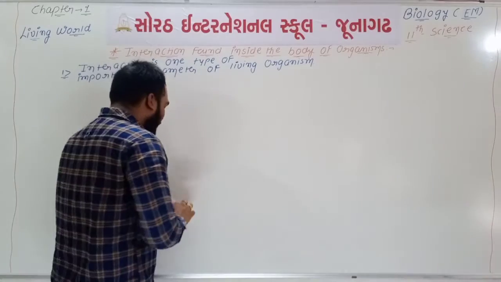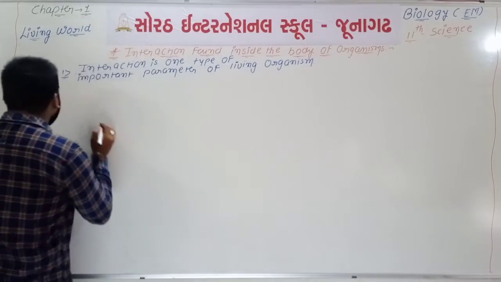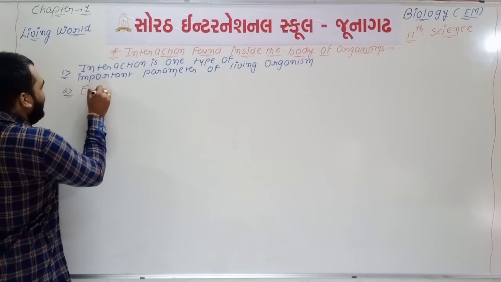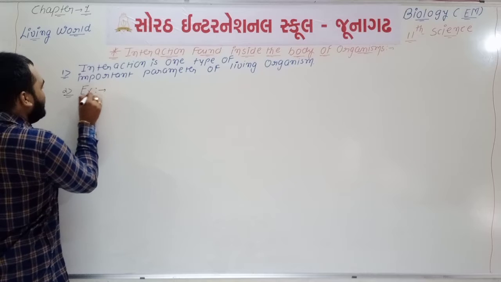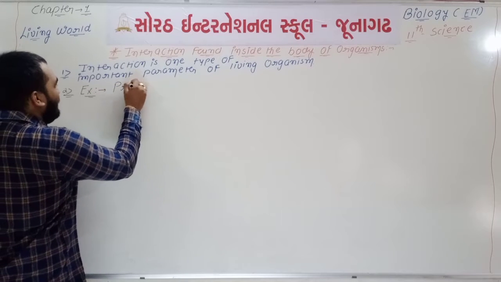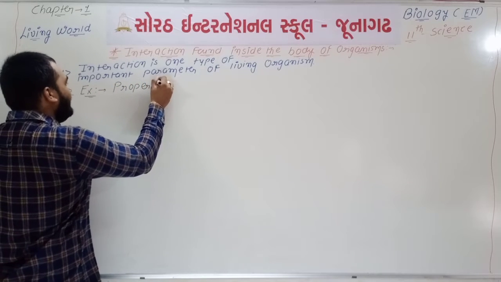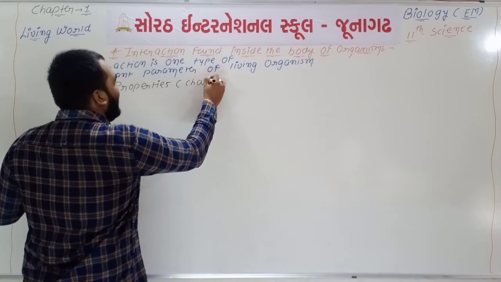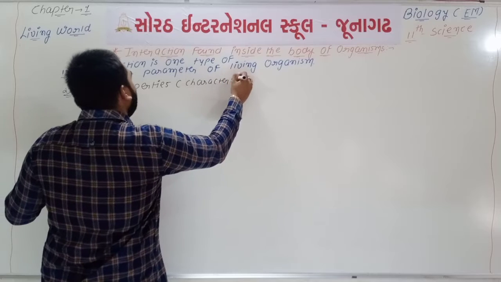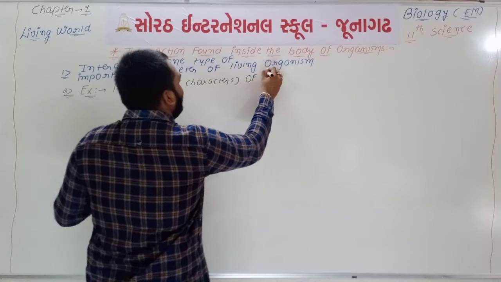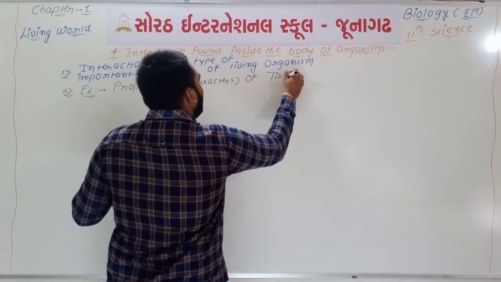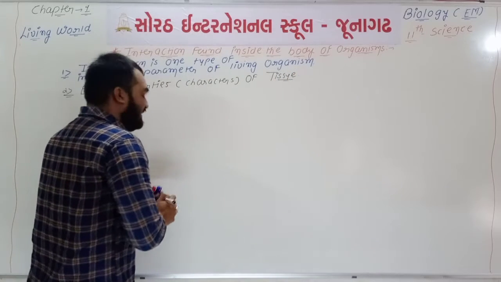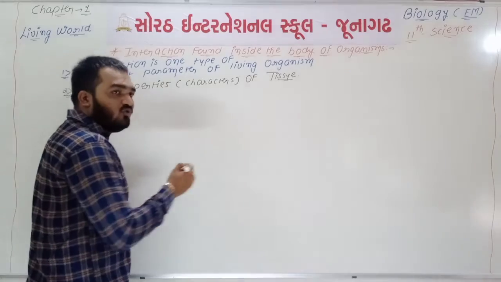Point number 2: if we talk about some examples, in point number 2 we will write one example. If we talk about the properties or characters of tissue, what is tissue?